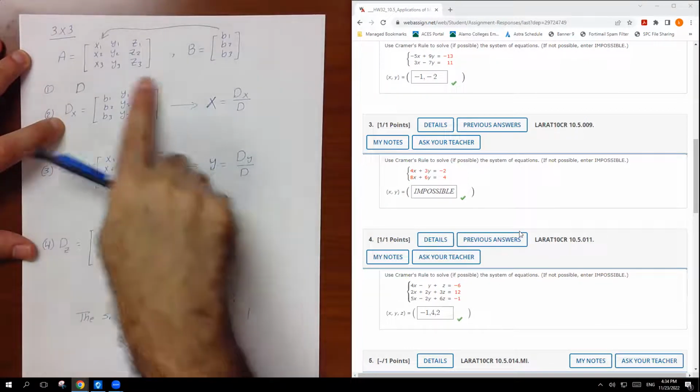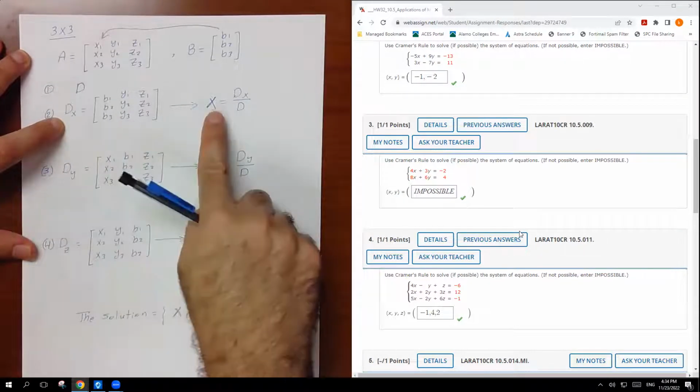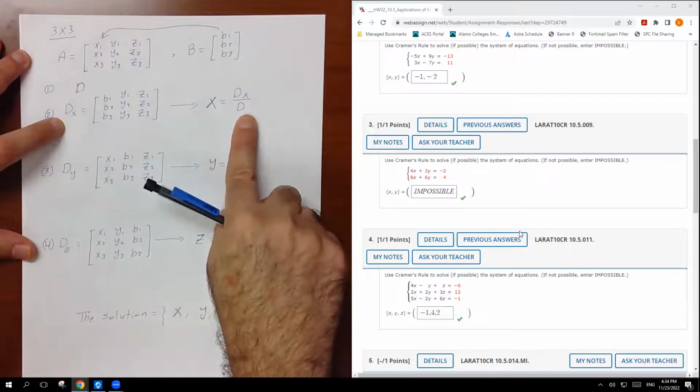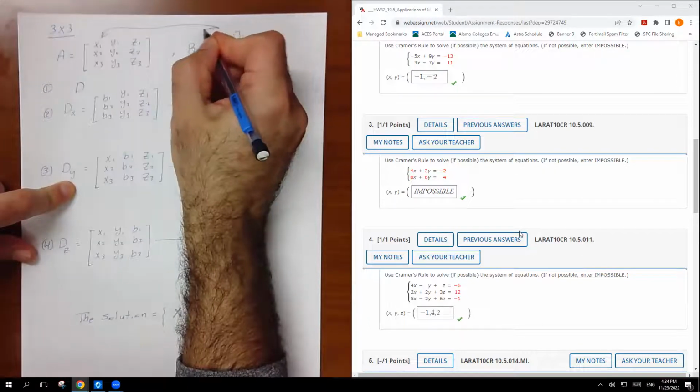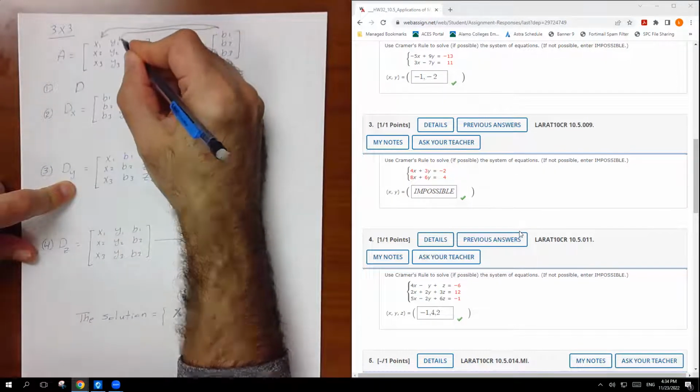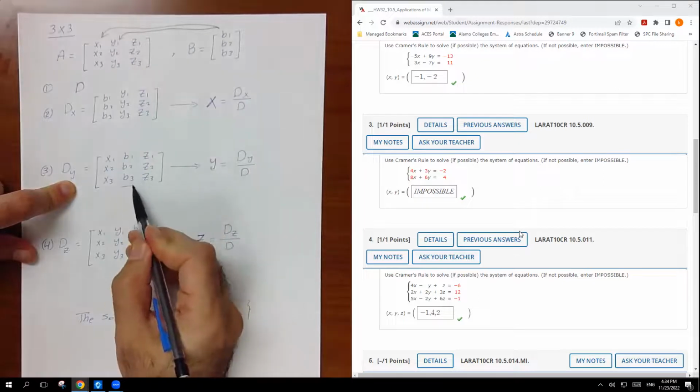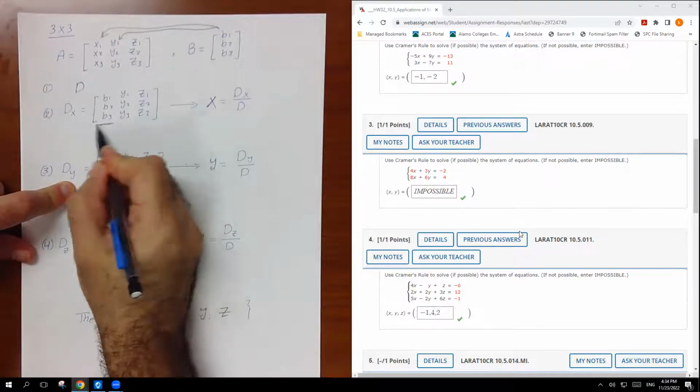I'm going to find the determinant for this matrix. Then x is going to be dx divided by d to get the value of x. For dy, we're going to substitute B for the second column. Here's the B. See the B here? Here is the B.